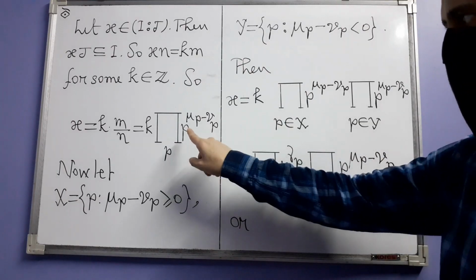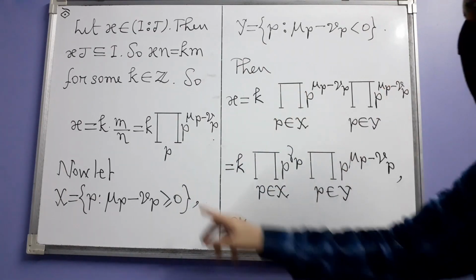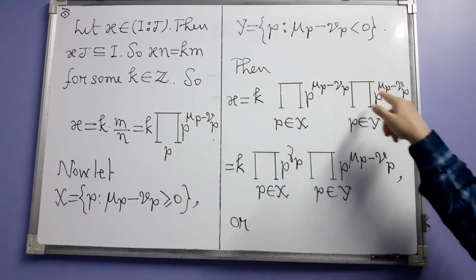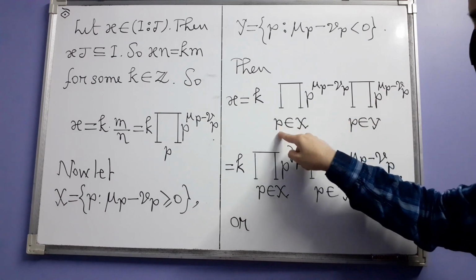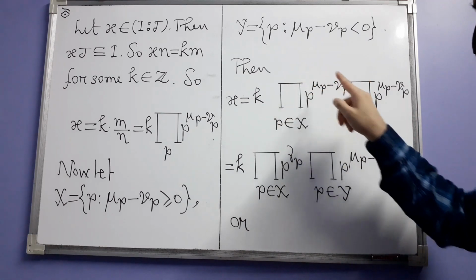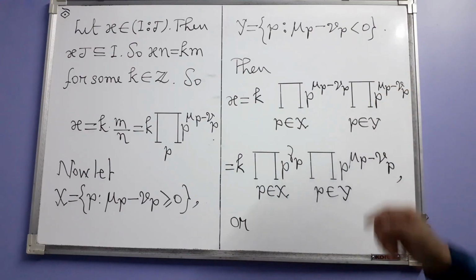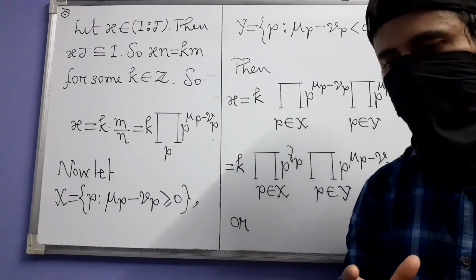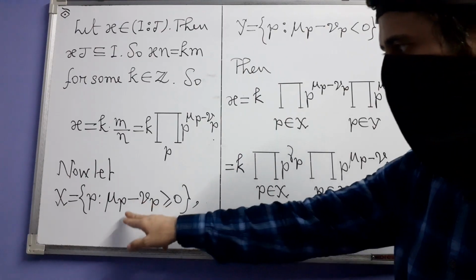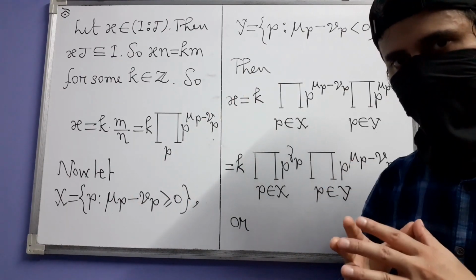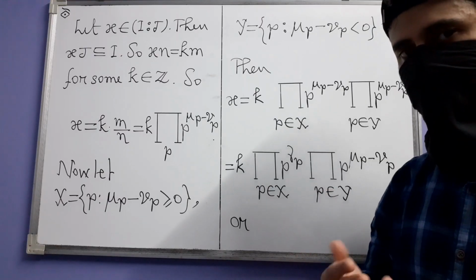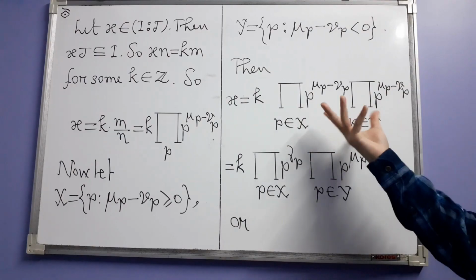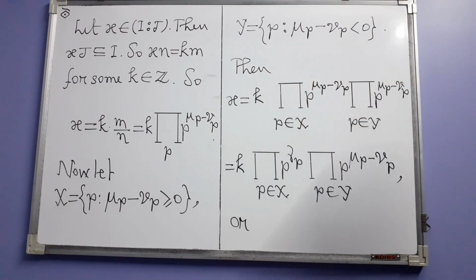Then of course we can split this product into two parts. So x becomes k times that same thing, where p varies over X in this part and p varies over Y in this part. Note one more thing: the sets X and Y form a partition of the set of all primes. Their union is the set of all primes and their intersection is the empty set. They are disjoint. That is why we are able to split the product into these two parts.